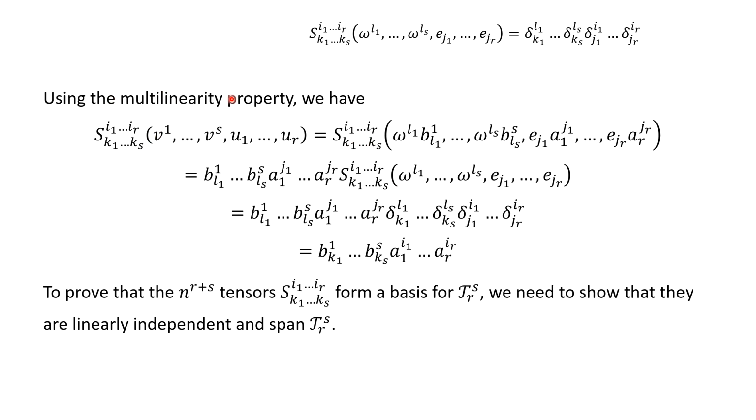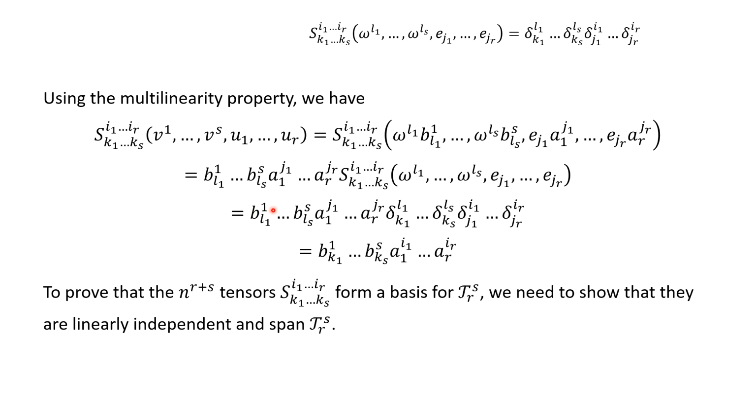Then we use the multilinear property, and we can factor out all the coefficients. See that here? And then it's just our tensor evaluated at the basis vectors, but we've defined what that is, so we can plug that into here. And then we can match these up, so let's look at a few of them.